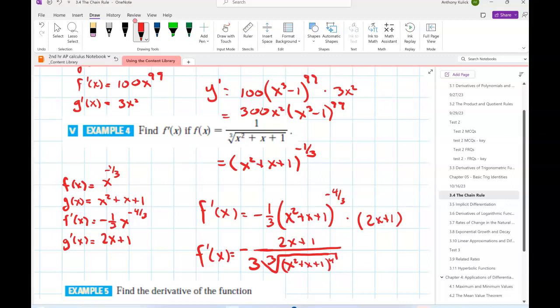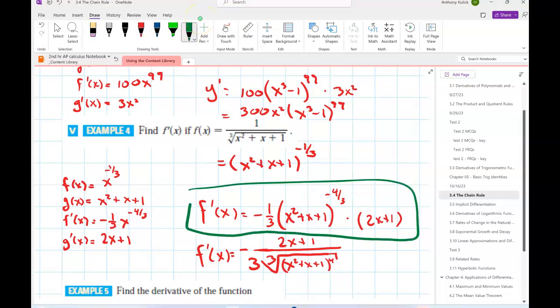Or if you wanted to, you could push the negative sign through the numerator and make it negative 2x minus 1. That would be fine. Probably in a multiple choice setting, they wouldn't do that, but it wouldn't be wrong if you did. If this is a free response question, though, where should you stop? If it's a free response question, don't simplify, because the AP grader isn't going to give you any more marks for simplifying it correctly.